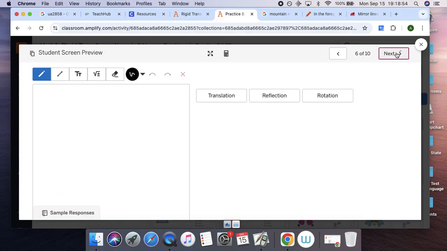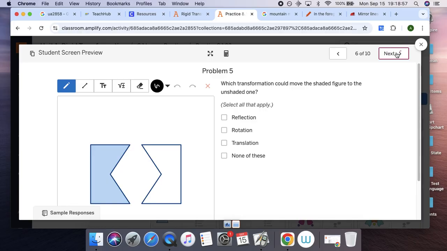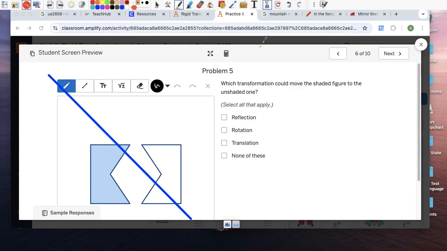All right, 6. Well, this one actually, it's not that bad. Well, what can we eliminate? Can we eliminate translation? Yes, we can. You can hopefully see that there's no way of sliding this guy here. And I'll draw it again.